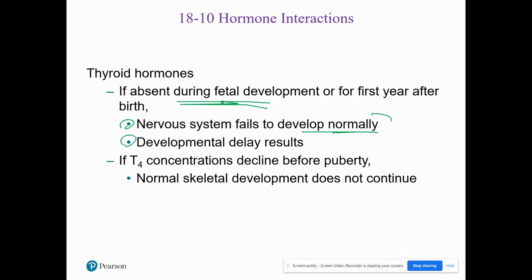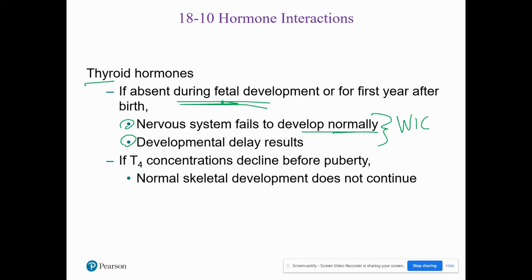So this is why in the majority of states in the United States, we have a food program called WIC. And some people call it food stamps, but that's not really correct. It gives the parent, whoever is taking care of the child, the ability to purchase food to make sure that the mom is on prenatals, and that when the baby is here, the baby is getting enough of the correct nutrients to make the thyroid hormones needed to develop correctly.